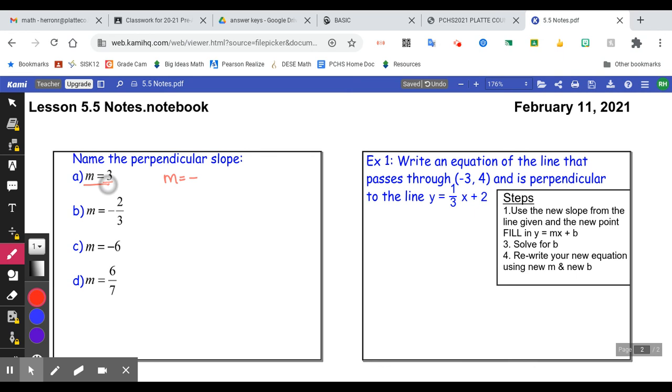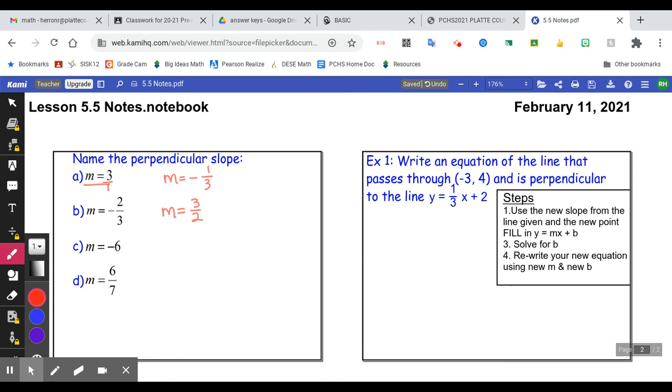This is 3 over 1, so my slope is 1 over 3. Opposites, reciprocal. Part B. This slope is negative, so I know mine is positive. This slope is 2 over 3, so mine is 3 over 2.